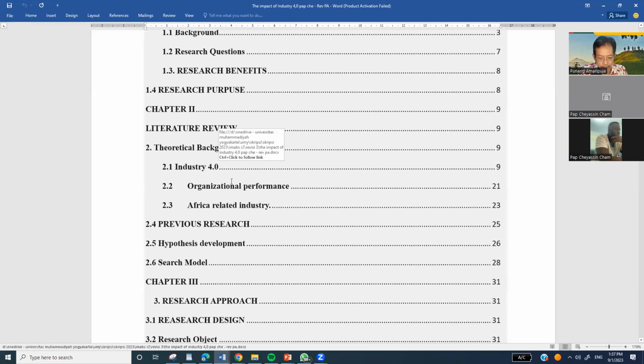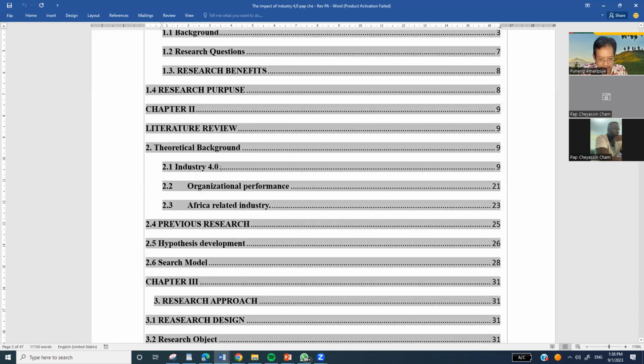So here, what I would like to know is how do you define and what are the indicators of Industry 4.0?